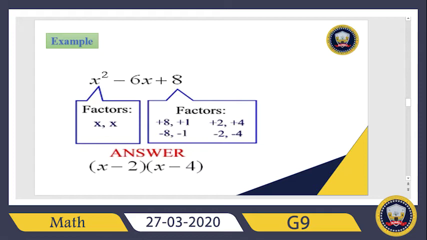There is no common factor, not a common number, not a common variable. So I will directly open two brackets and write x and x as the first term of each bracket. Then I will skip the second term and go to the last term, the third term of this trinomial.